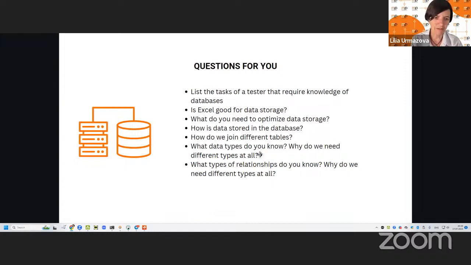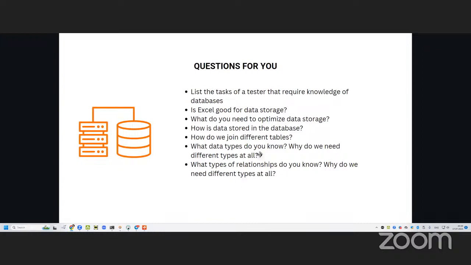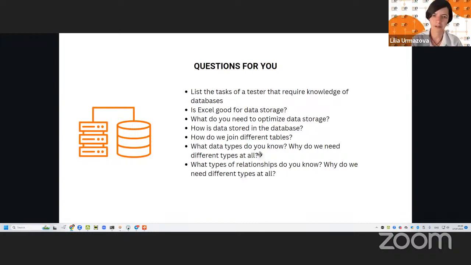Okay, it seems that everybody understood this topic. Am I right? Alexander, Arina? Yes. Okay, great. And the last question is data types. What data types do you know?